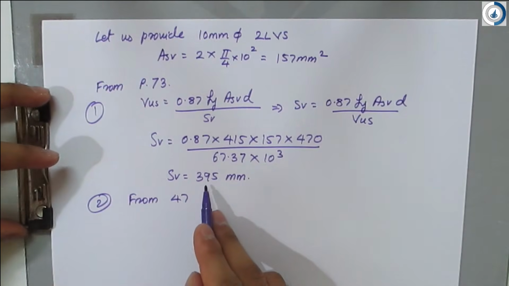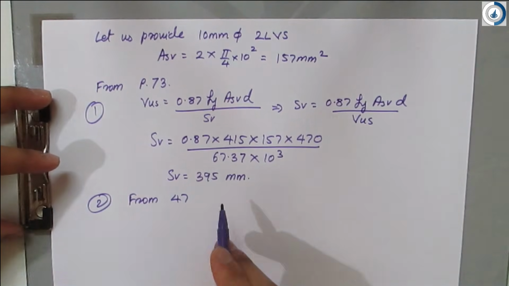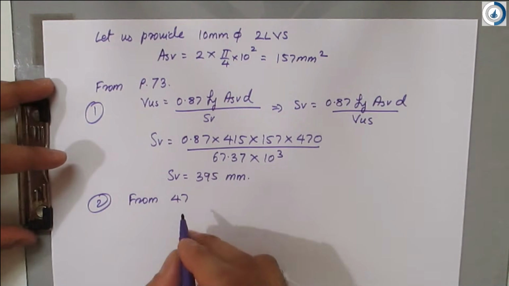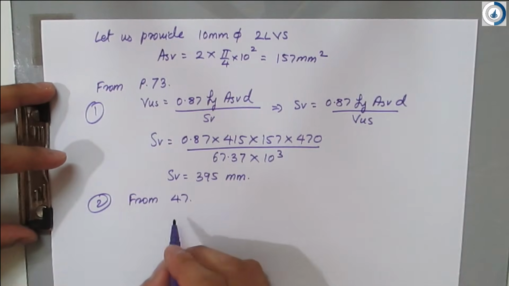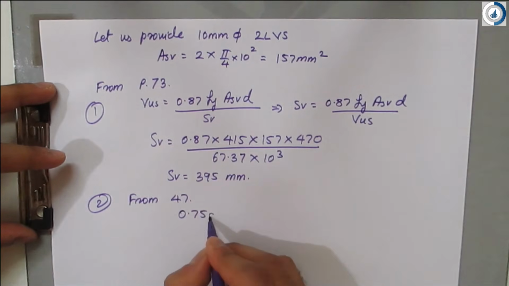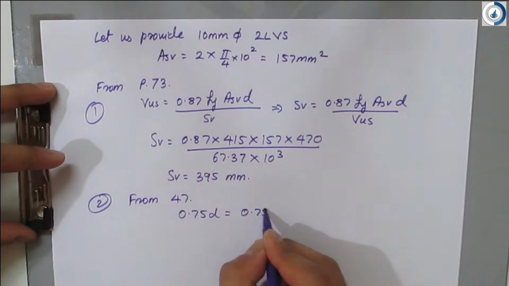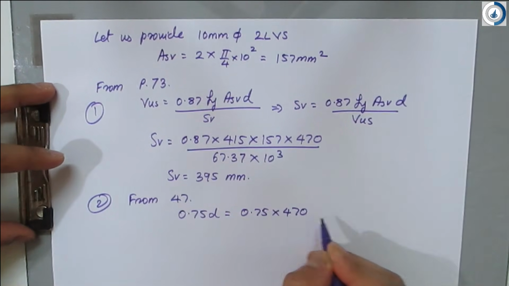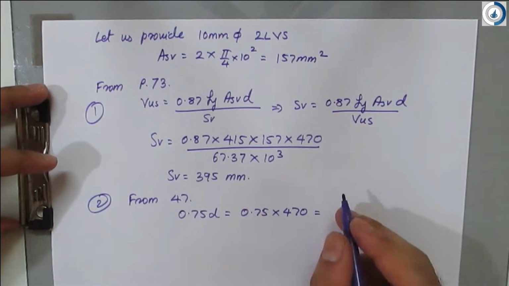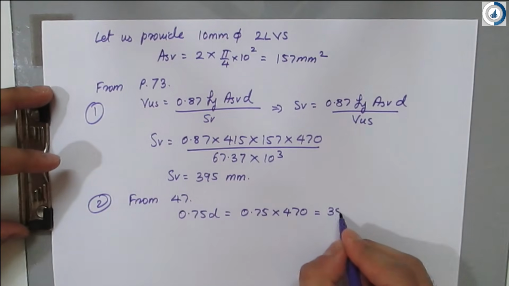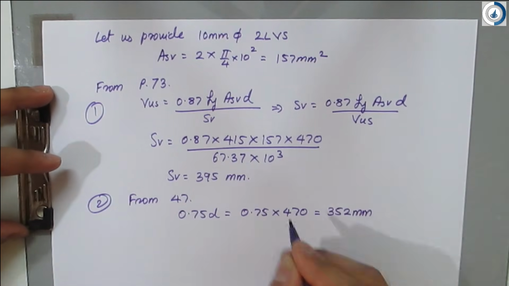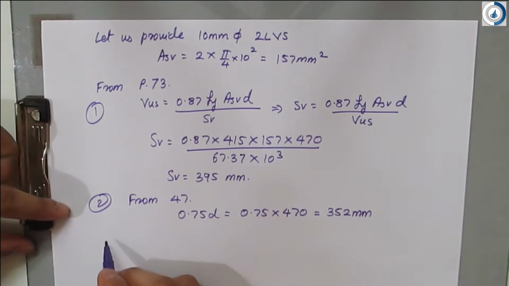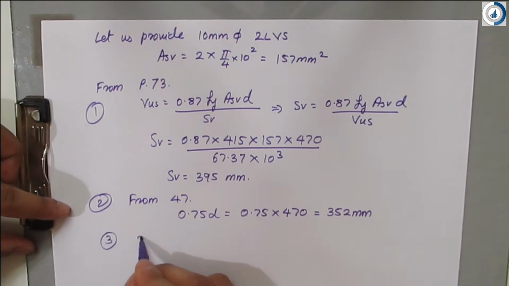So the first case is 395, it is obviously exceeding 300, so it is not applicable. From page number 47, the second criterion is 0.75 D. So 0.75 into D, which is 470, we are getting 352 mm. So this is also exceeding 300 mm. Then the last case remains, 300 mm. So this value you will have to take.